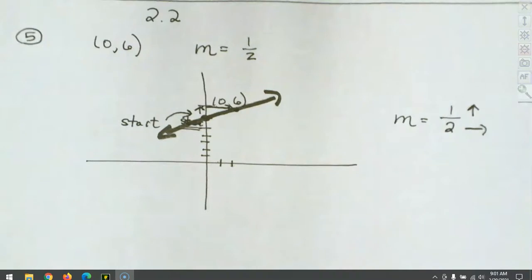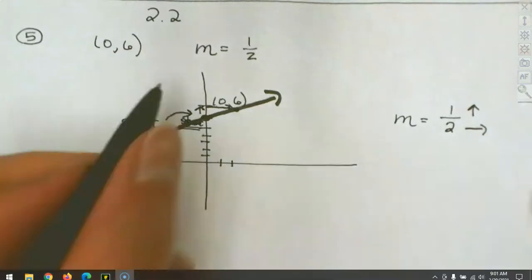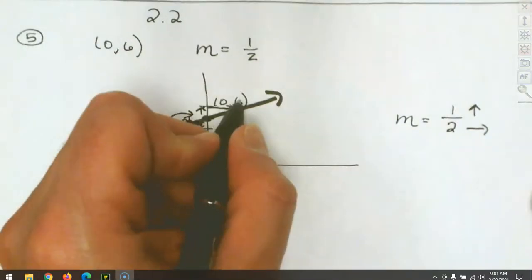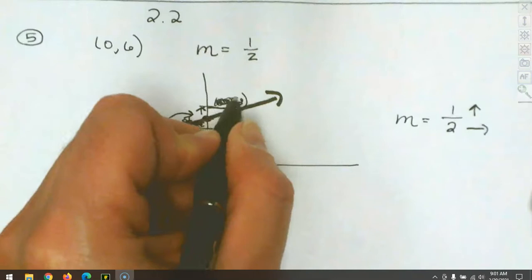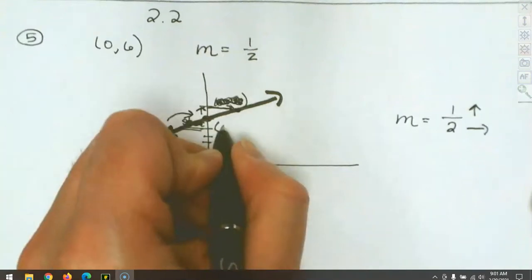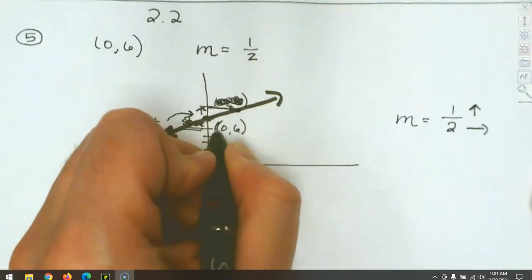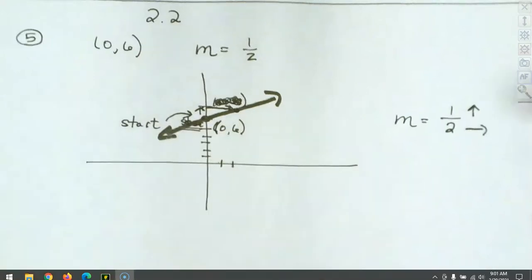So we started at that (0, 6), and we went up 1 and over 2, and that (0, 6) is right here. Let me label it so it's a little bit clearer. Let me put it down here. Okay, (0, 6) is right there, right at that dot. And we went up 1 and over 2. That finished out our line.